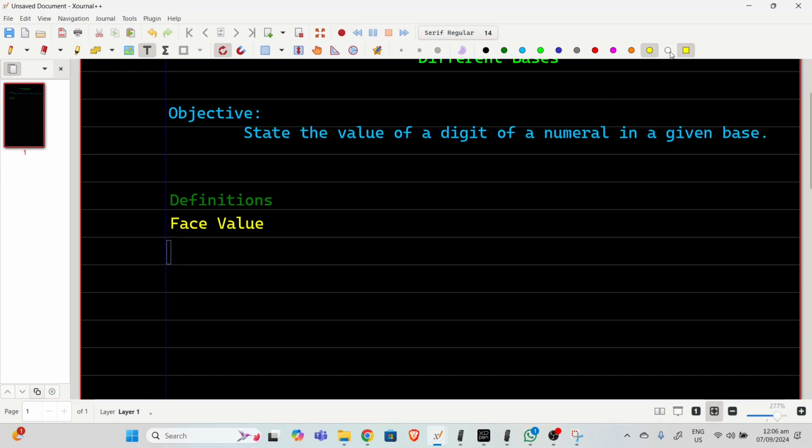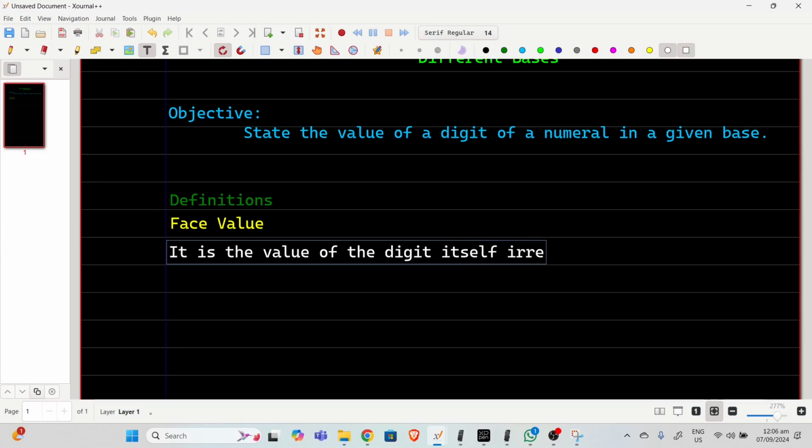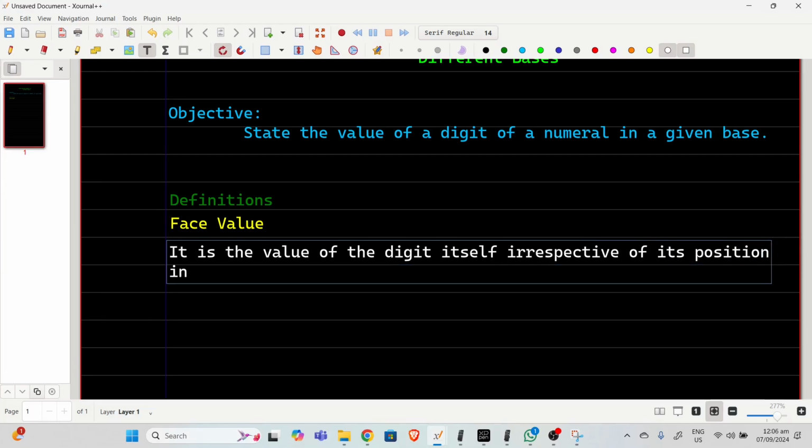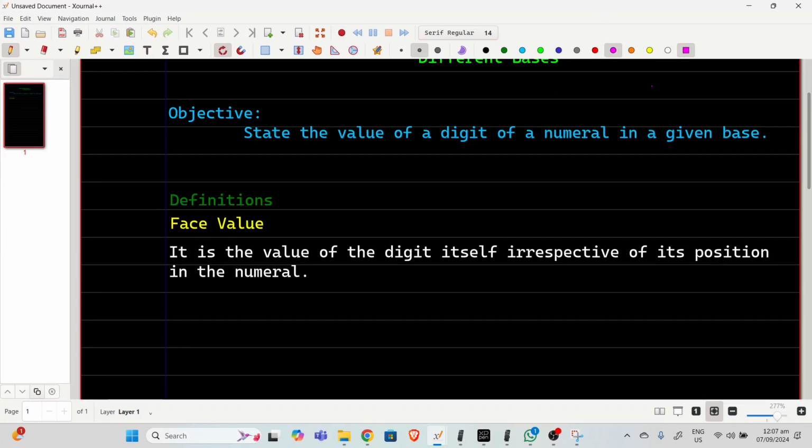All right. So the face value is the value of the digit itself, irrespective of its position in the numeral. And let me give you an example of that.